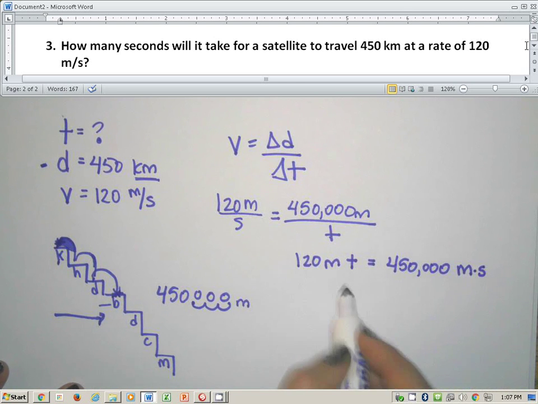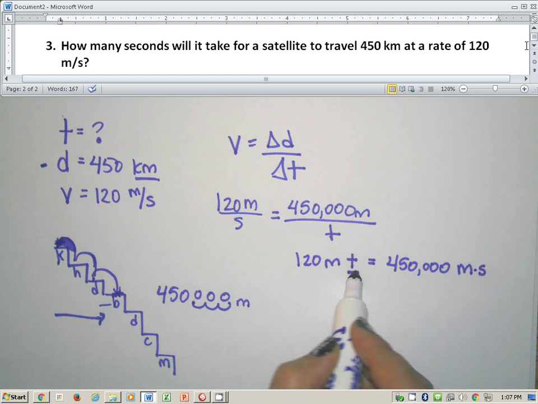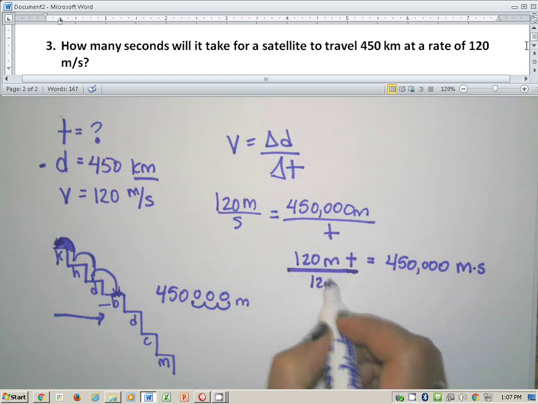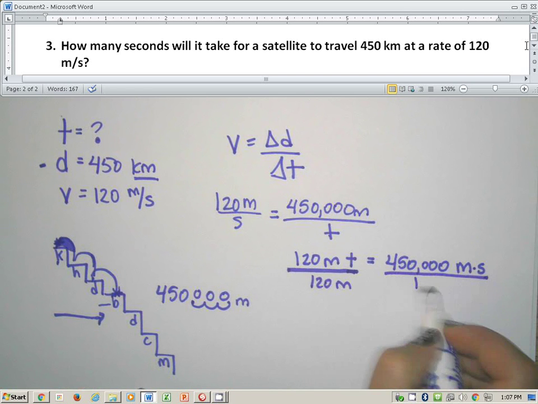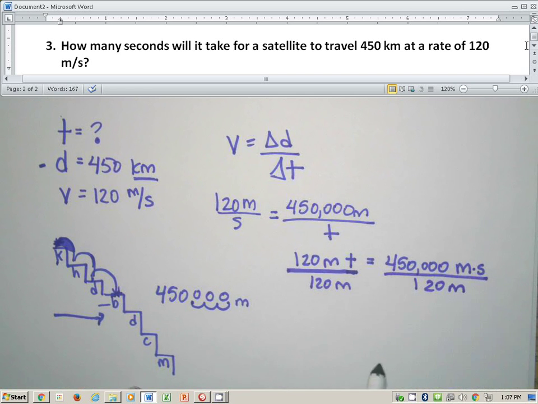Now, I need to get this T by itself. So how to do that? I'm going to have to divide both sides by 120 meters. I need to do the opposite of what it's mathematically doing at the time. Right now I'm multiplying by 120. That means I need to divide by it to get rid of it. And remember, what you do to one side, you have to do to both.